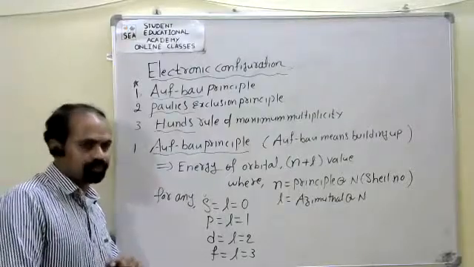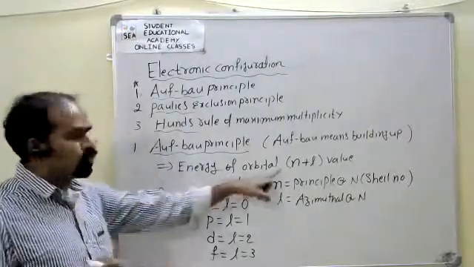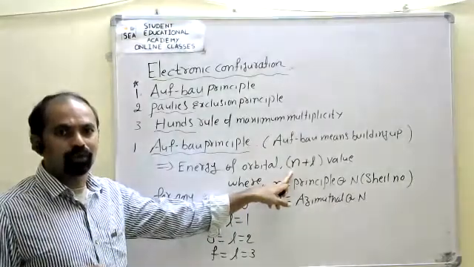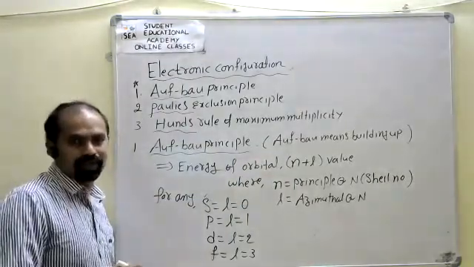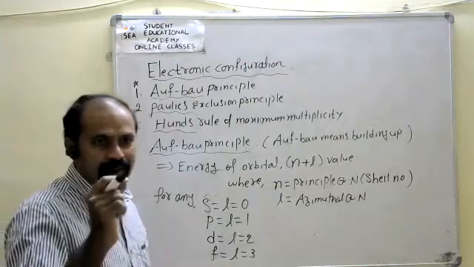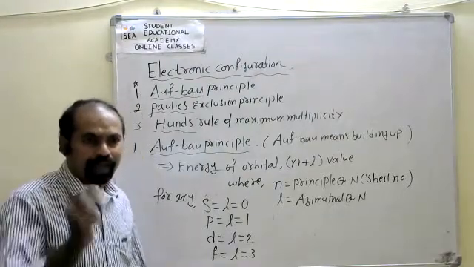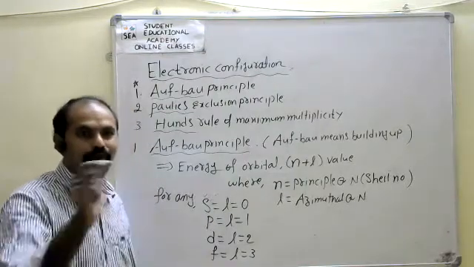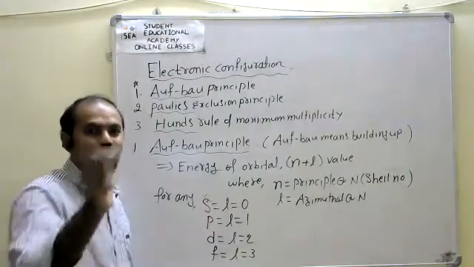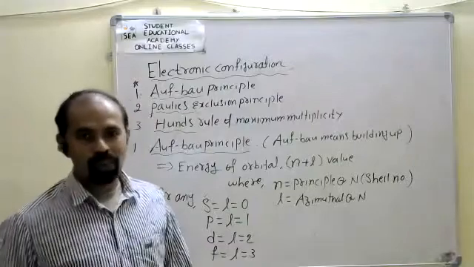Now according to the n plus l rule, if the n plus l value is low, the orbital energy is always low.